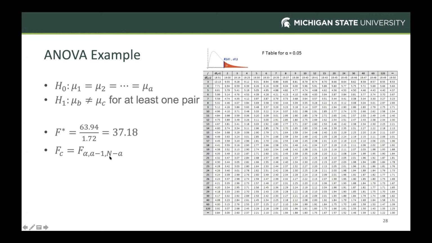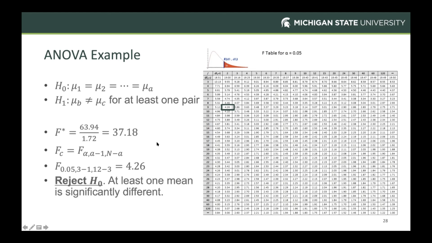And in the denominator, we have a total of 12 observations. That's 4 observations in each of our 3 groups, minus the number of groups, which is 3 in this case. We'd have 9 denominator degrees of freedom. And the corresponding critical value, as you'll see here, is 4.26. We're significantly larger, ergo we will reject our null hypothesis and claim that there is at least one mean that is significantly different from each of the others.